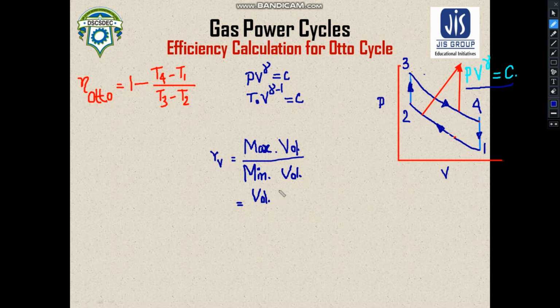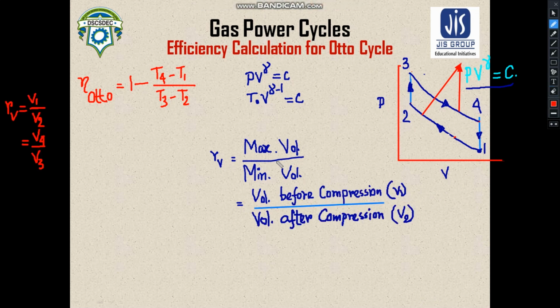From the thermodynamic diagram, this is your volume, and you can see that this is the maximum possible volume. So the compression ratio is the ratio between volume before compression, that is V1, and volume after compression, that is V2.